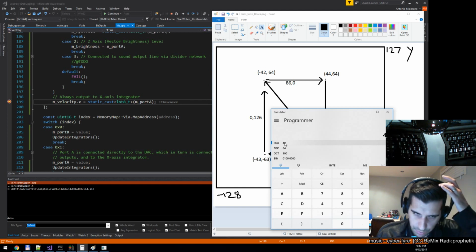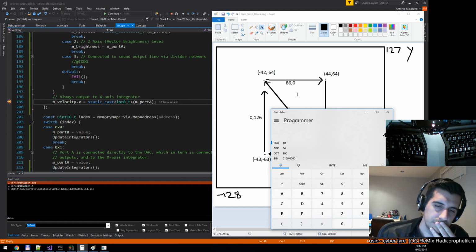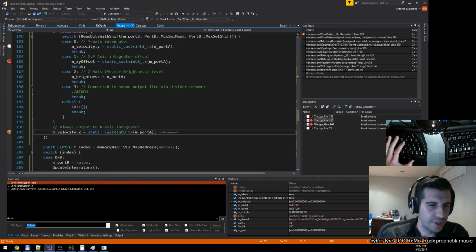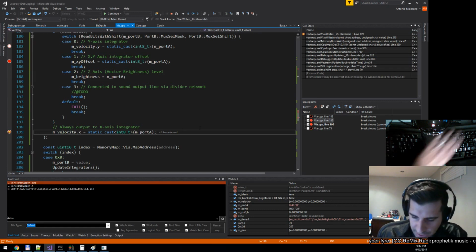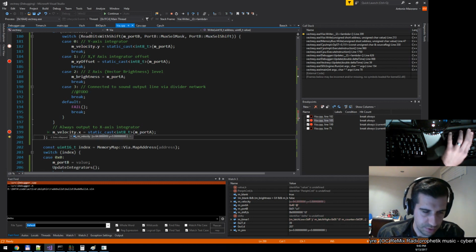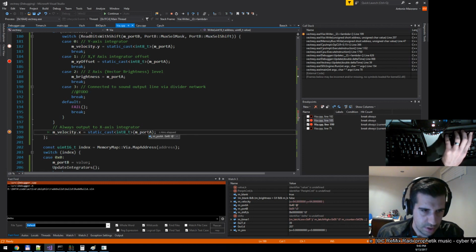Yeah, 64. Into X? Oh yeah, right, because it always outputs to the X register. So anyway, let's see what happens here. We have 64 here, we should get 64 in here. And we do.